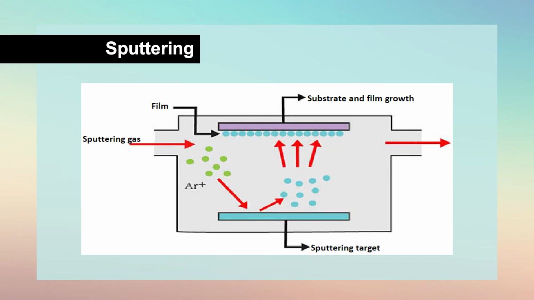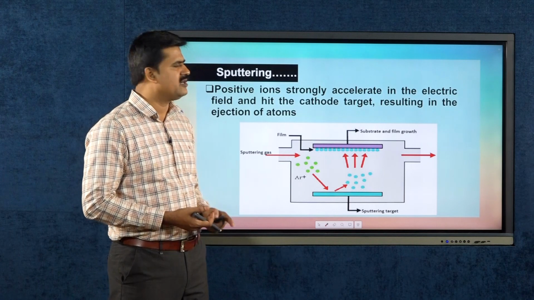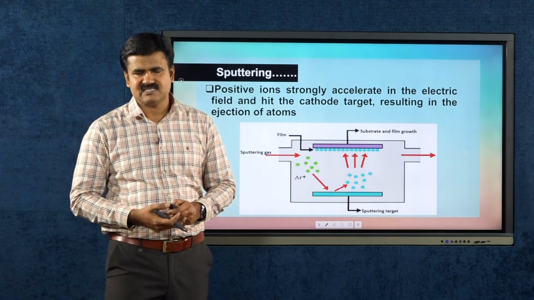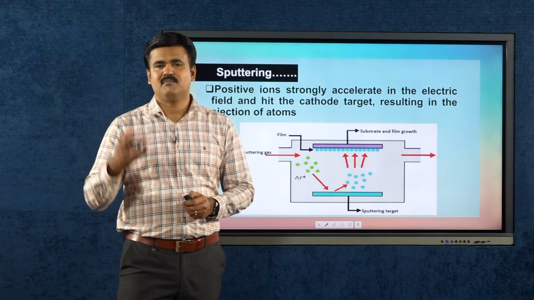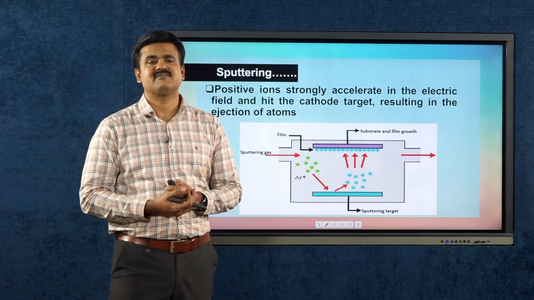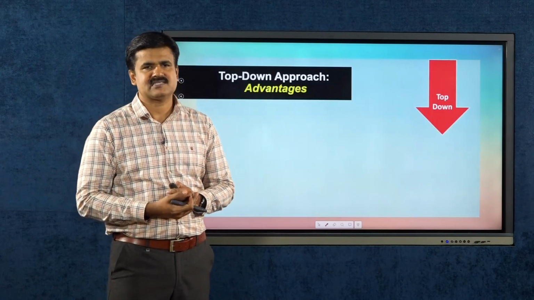This is a pictorial illustration; not much detail is required as far as your syllabus is concerned. Positive ions are strongly accelerated by the electric field and hit the cathode target, resulting in the ejection of atoms. Those atoms assemble together to form the nanoparticles. So, here we are bombarding the starting material with high energy particles.